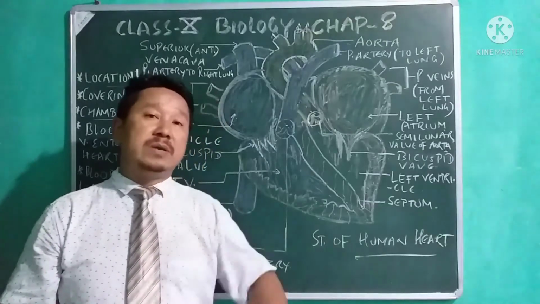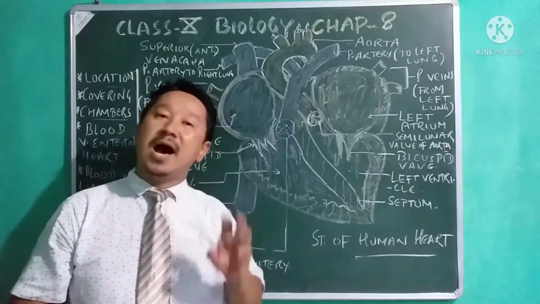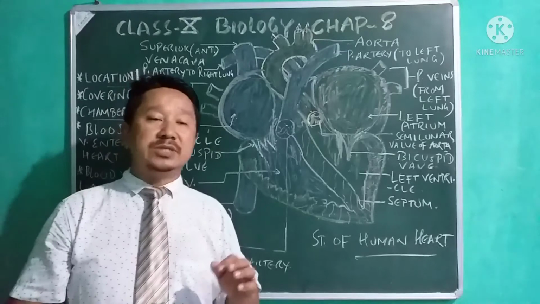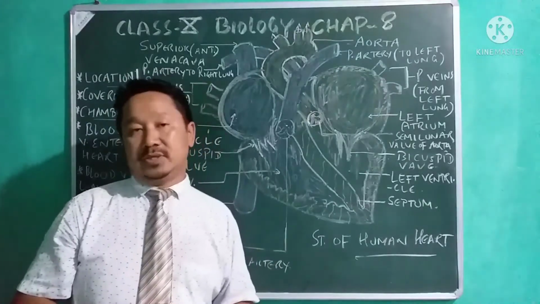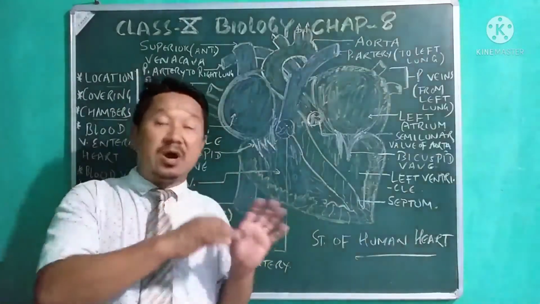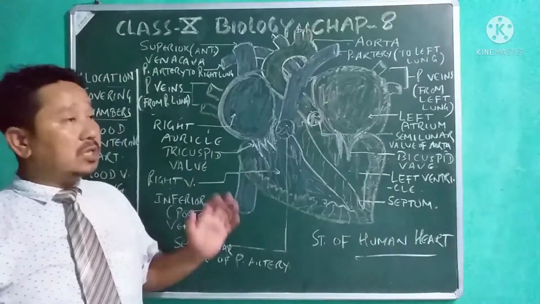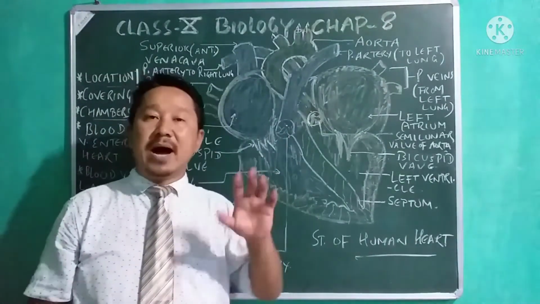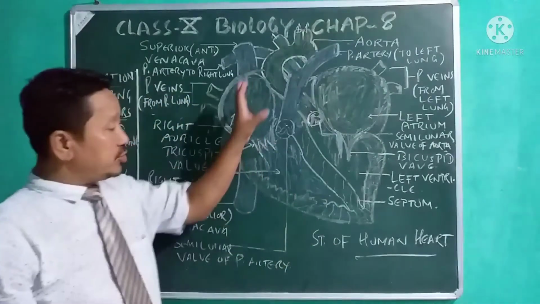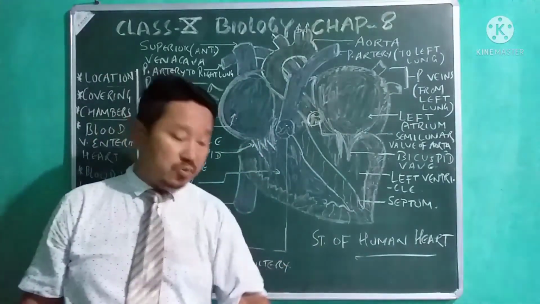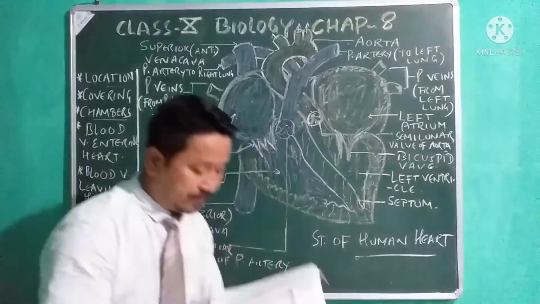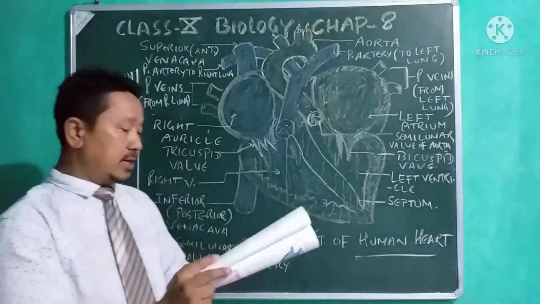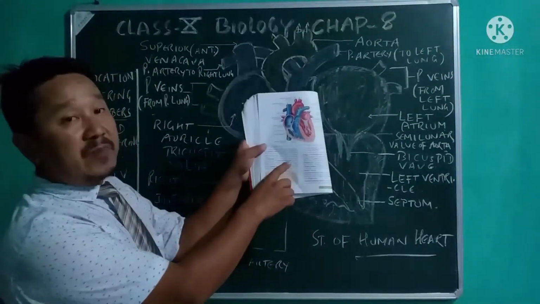At that time, the problem which is commonly called heart attack occurs, which can even kill people. It is also called myocardial infarction. There is no place to write it here, but please see it in the book itself. Here it is, myocardial infarction.